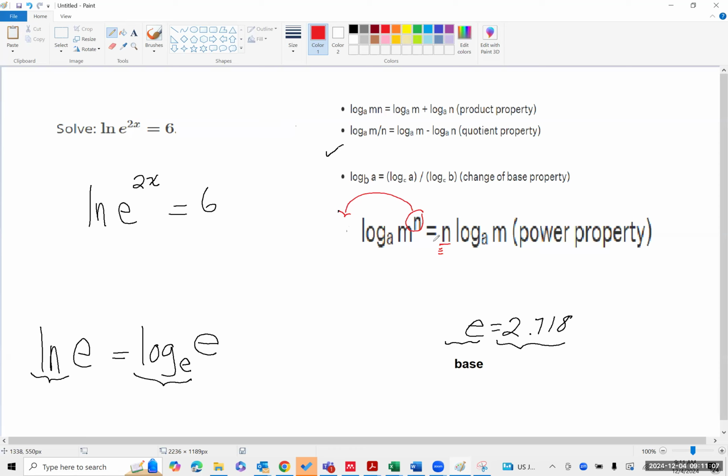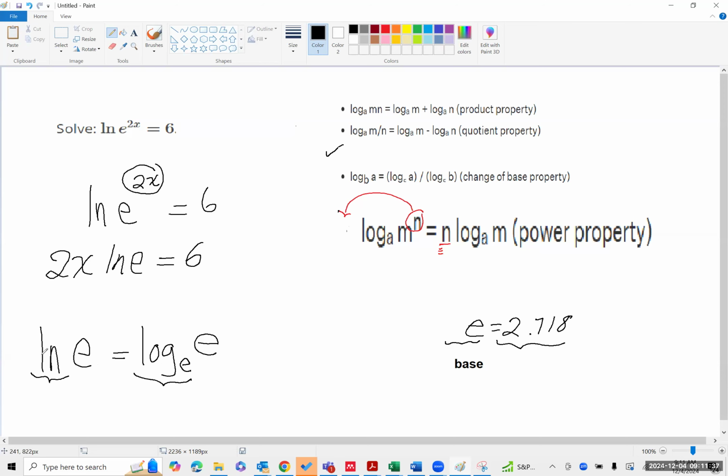So what we are able to do basically is take this 2x and move it out to the front. So there already you simplified the equation by getting rid of that exponent.